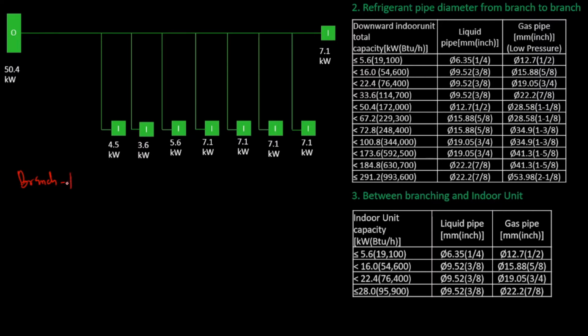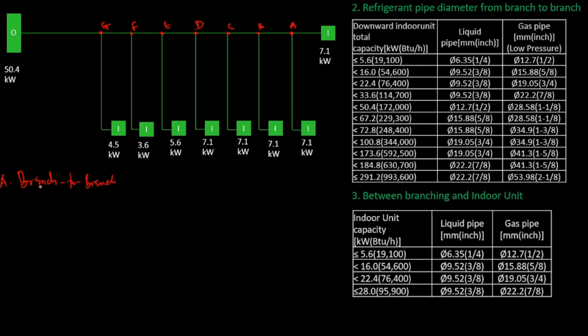Say branch to branch. Let's call that A. So this will be branch A, then B. We're starting from the right hand side, then E, then F, then G.